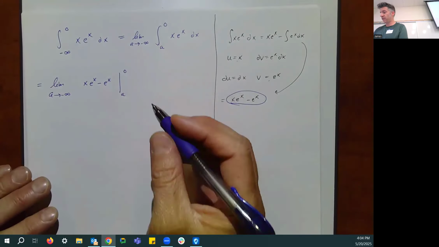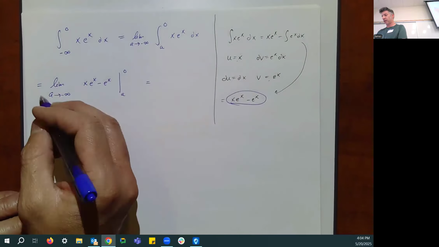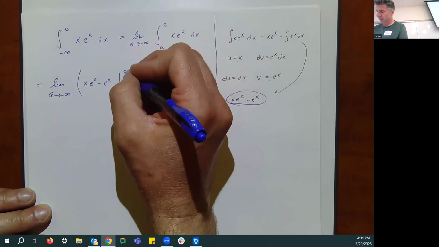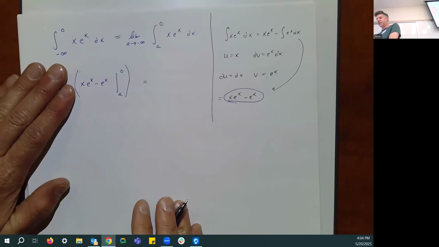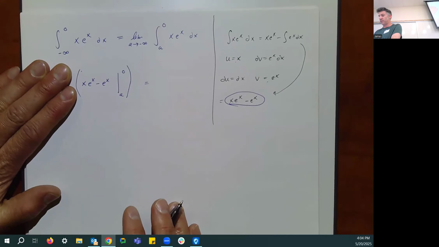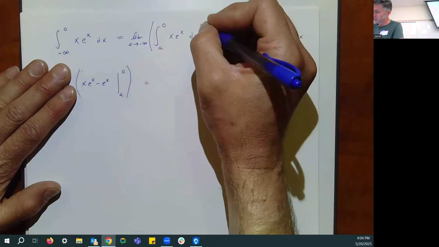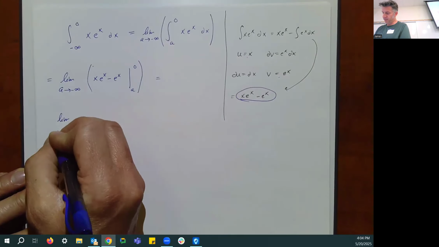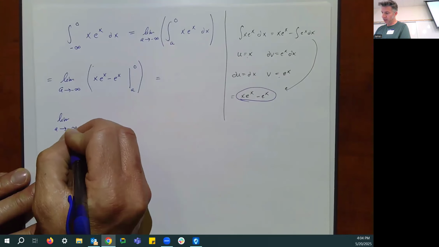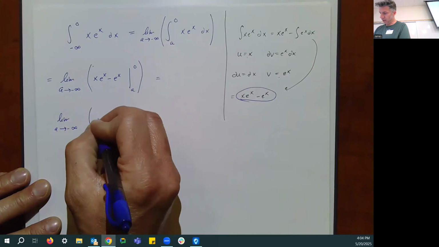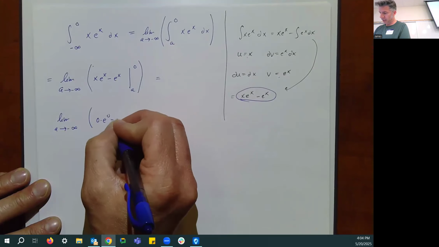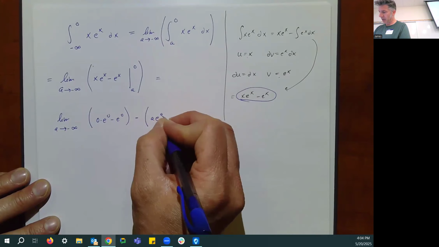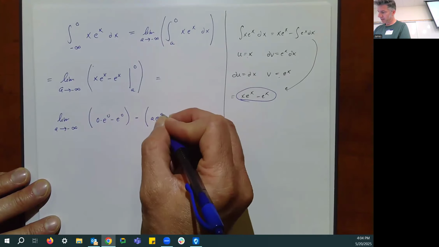Now we just plug in our limits of integration like one would, kind of pretending like the limit isn't even there. If it helps, you might write parentheses around everything, just to remember that we're dealing with all that before we even think about the limit. So let's see, I'm going to get a limit as a approaches negative infinity of 0 times e to the 0 minus e to the 0 minus a times e to the a minus e to the a.